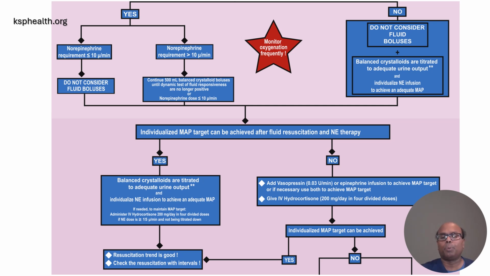If the patient is not responding at that point, add vasopressin and add hydrocortisone. If the patient is responding well, monitor the patient. After adding vasopressin and hydrocortisone, if the patient responds well, monitor them, and the resuscitation is good.